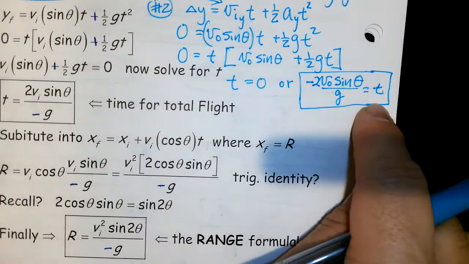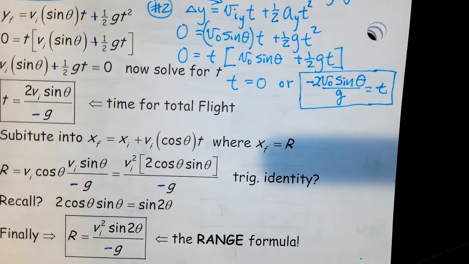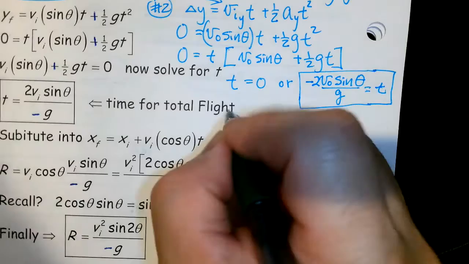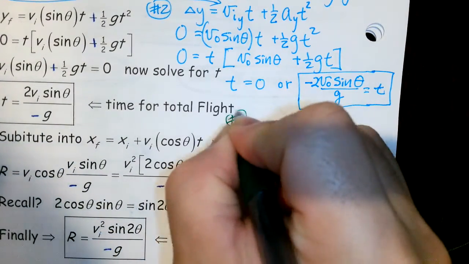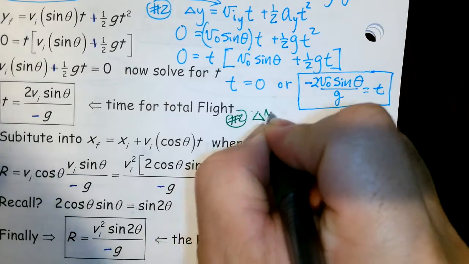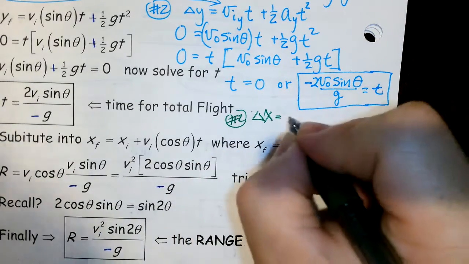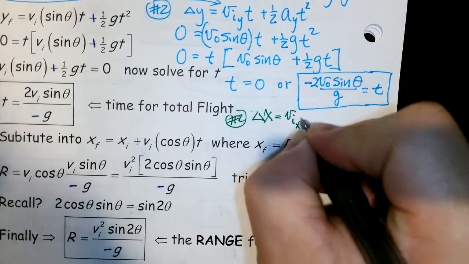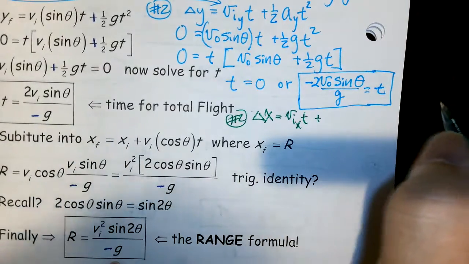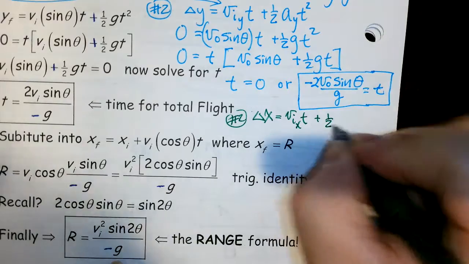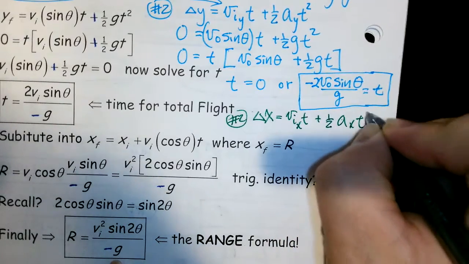So this time can now be used in the second equation for the horizontal axis. So equation number 2, my delta x is equal to V_ix t plus 1/2 a sub x t squared.